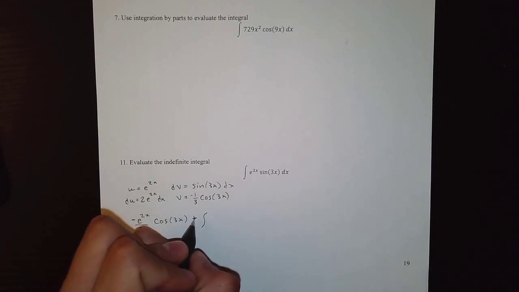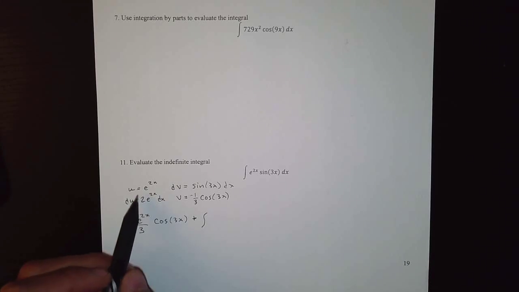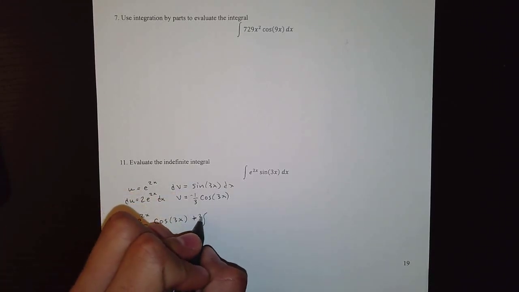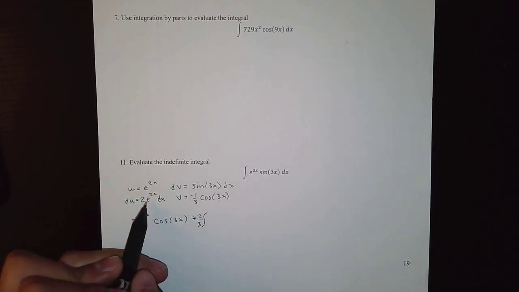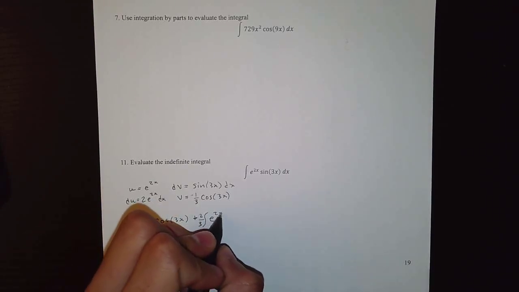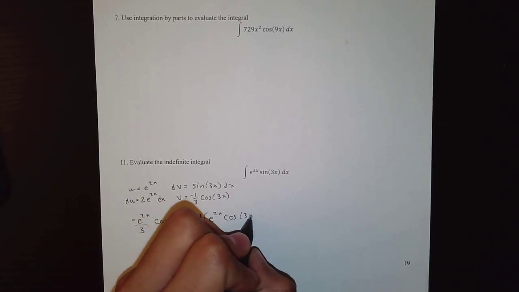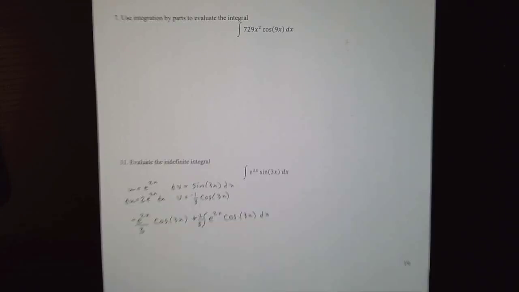So I'll bring these constants out. So this would be a plus 2/3 times the integral of e to the 2x cosine of 3x dx. And so if we look at this integral, we can see that we have to use integration by parts again.